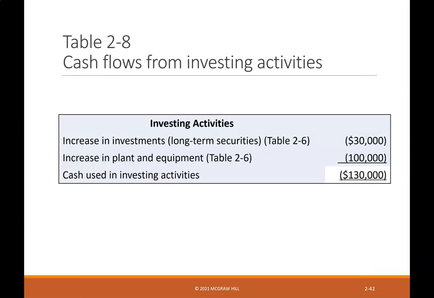Table 2-8, cash flows from investing activities. Investing activities. Increase in investments, long-term securities, minus 30,000. Increase in plant and equipment, minus 100,000. Total cash used in investing activities, minus 130,000.